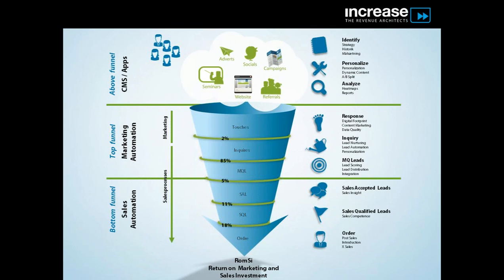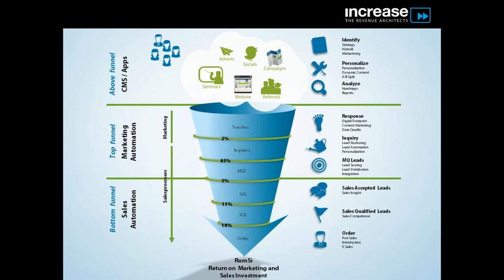This is a classic funnel. You will see touches, inquiries, marketing qualified leads, and so forth down this funnel. And the numbers on the side of this are the numbers from SiriusDecision. You can see that touches turns into inquiries by 2%, and then we have inquiries turning into marketing qualified leads by 85%.